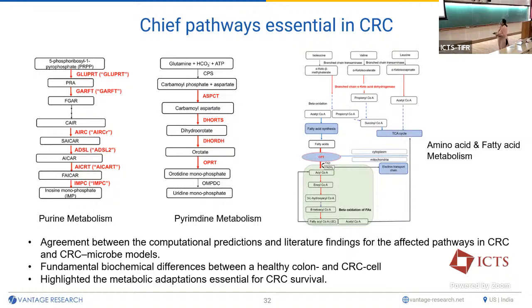Okay, so these are again giving you the highlights that we identified pathways which were validated in the literature, that yes, colorectal cancer utilized or overutilized these pathways, mostly in terms of nucleotide metabolism, purine and pyrimidine, and a bit of fatty acid and branched-chain amino acid metabolism.